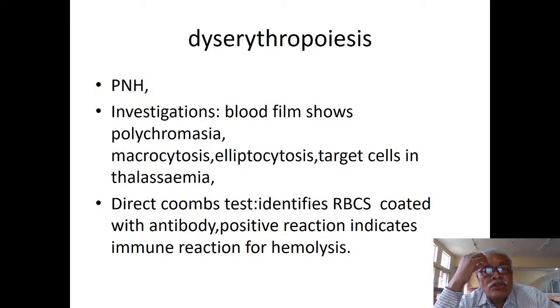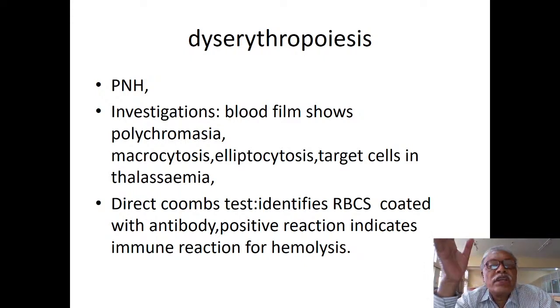So then you have dyserythropoiesis, also one of the reasons where you will have paroxysmal nocturnal hemoglobinuria. And the investigations: you can see the blood film shows polychromasia.